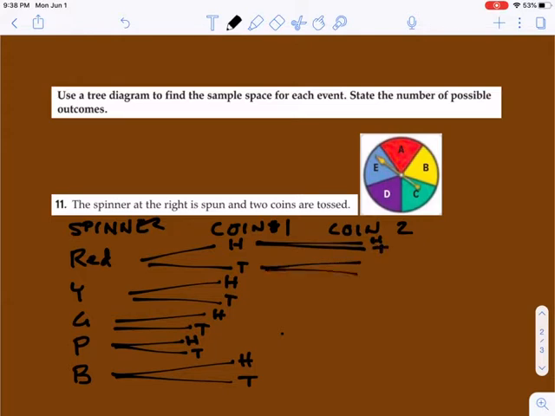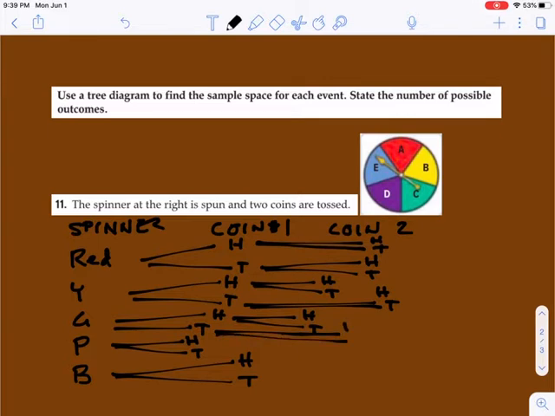All right. Then for coin 2, for this option, you can have heads or tails. For this option, you can have heads or tails. For this option, you can have heads or tails. For this option, you can have heads or tails. And then for this one, and then you go forward, and you know it's kind of tedious, but you're hopefully getting the idea of this, right? So you can have heads or tails basically for all these different things, right? And these are all your different options.